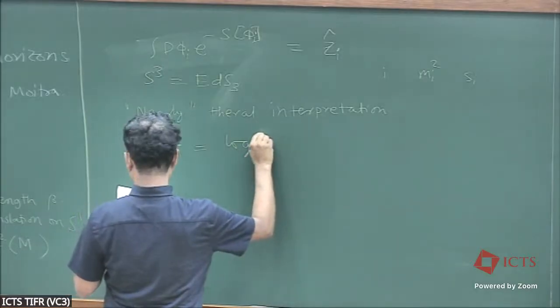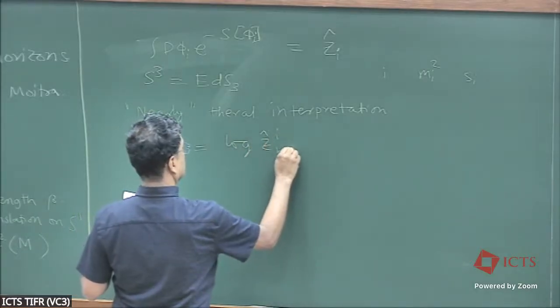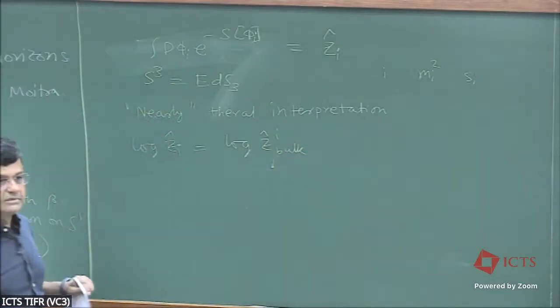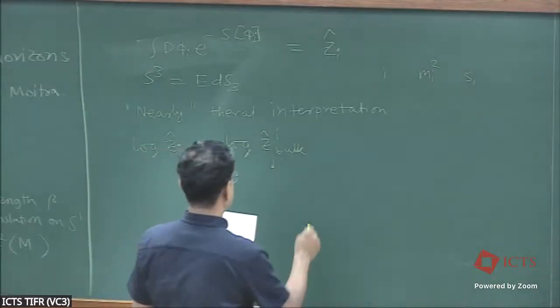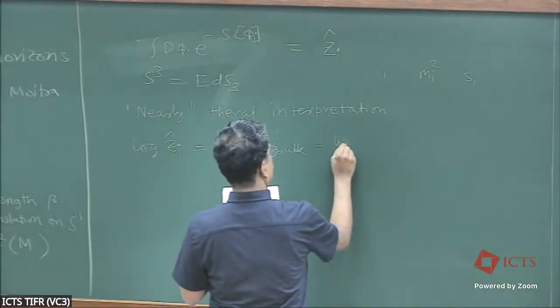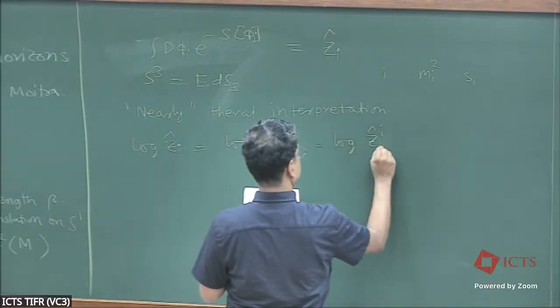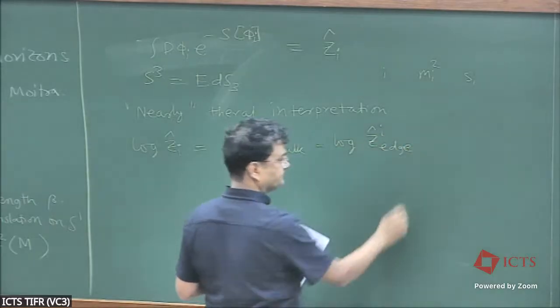It nearly has a thermal interpretation, but there is a small missing piece which seems to live on a codimension 2 surface, which they call the edge modes.